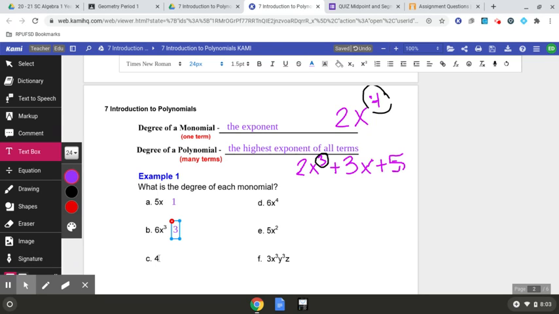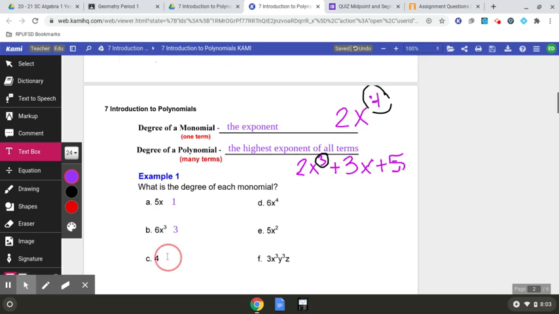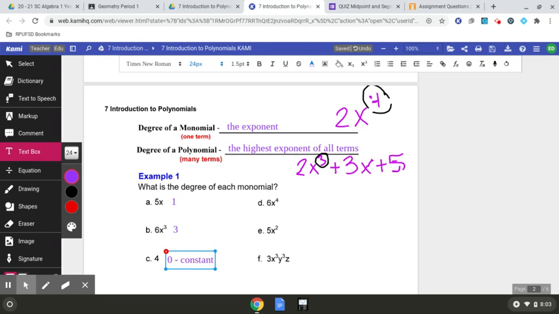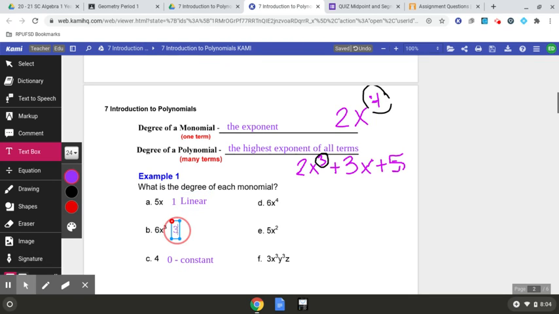For the next one, 4, we do not have a variable with an exponent, so this has a degree of 0. That's our constant. We can actually write down the names as well. So that's a constant. This one, when it's a degree of 1, is linear. And this here, when it's a degree of 3, that's cubic.